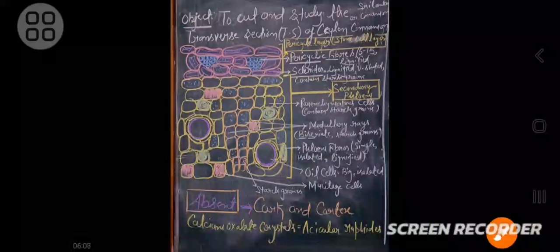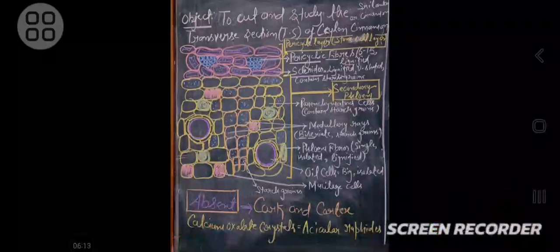And there is the presence of calcium oxalate crystals, in Ceylon cinnamon calcium oxalate crystals are present in the form of acicular raphides. Acicular means needle shape, and raphide also means needle shape, but they are found in cluster form. So this is the important information related to the transverse section of the Ceylon cinnamon.